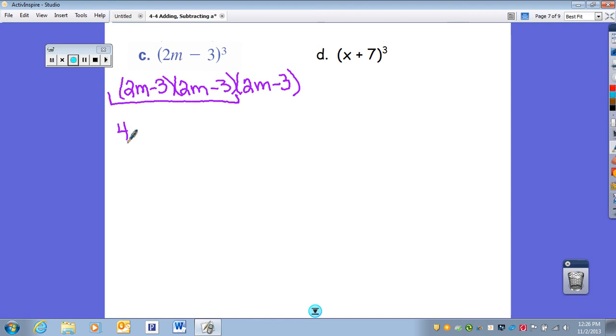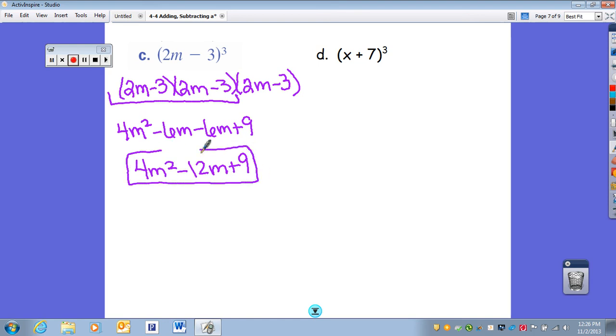So we have 4m squared minus 6m minus 6m plus 9, which is 4m squared minus 12m plus 9. Or, taking the shortcut, this would be the perfect square trinomial, which means I could multiply 2m times 2m to get 4m squared, negative 3 times negative 3 to get 9, 2m times negative 3 gives me negative 6, and then I need to double that.